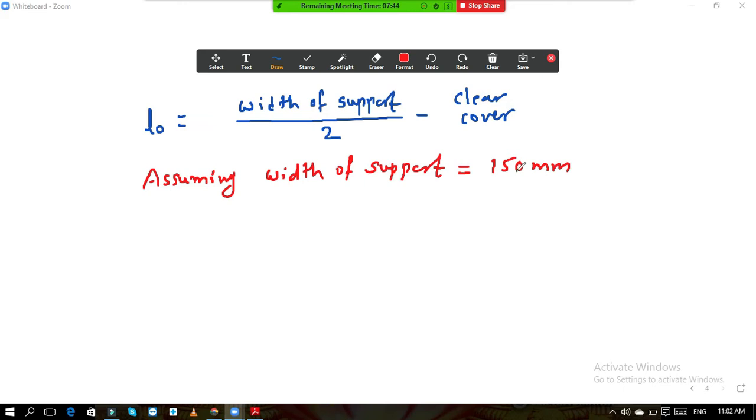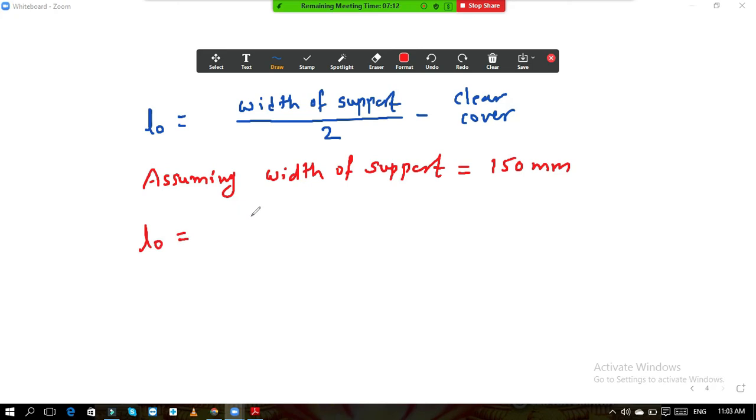Why I have chosen this 150 mm? Because the bending moment on this cantilever slab is very less. Okay, if the bending moment is more, that is near about 15 kilonewton meter, then 20 kilonewton meter or more than this, then in this type of situation you can go for higher width of support, that is 230 mm and above.